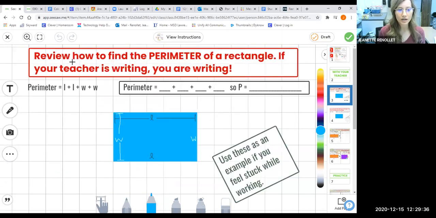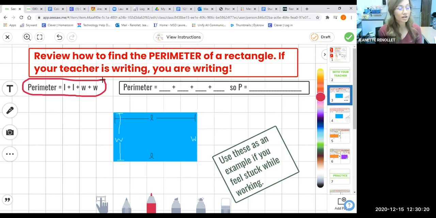Go to slide 3. We're going to work on this example together as we practice finding the perimeter of a rectangle. You're going to work with me, so you will do exactly as the teacher does. To find the perimeter, we know we can add the length plus the length plus the width plus the width.